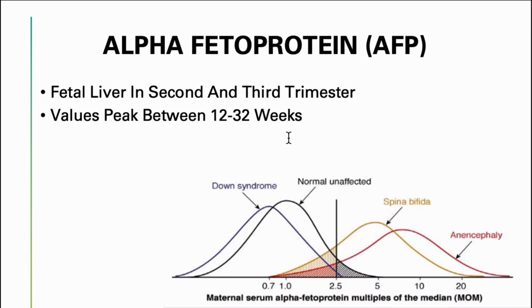Next, we look at alpha fetoprotein, or AFP. So during the first trimester, okay, this is produced in the yolk sac. Okay. So the AFP is produced in the yolk sac during the first trimester. In the second and third trimester, however, the fetal liver starts producing the AFP, the alpha fetoprotein.